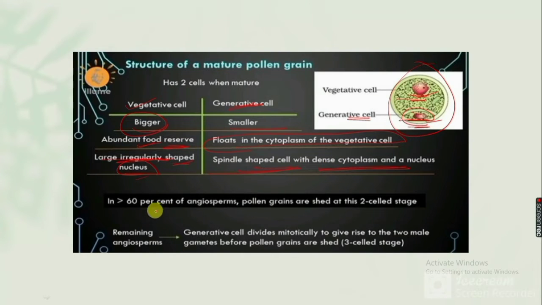In more than 60% of angiosperms, pollen grains are shed at which stage? They are shed at the two-celled stage. In the remaining angiosperms, the generative cell divides mitotically to give rise to two male gametes before pollen grains are shed at the three-celled stage.